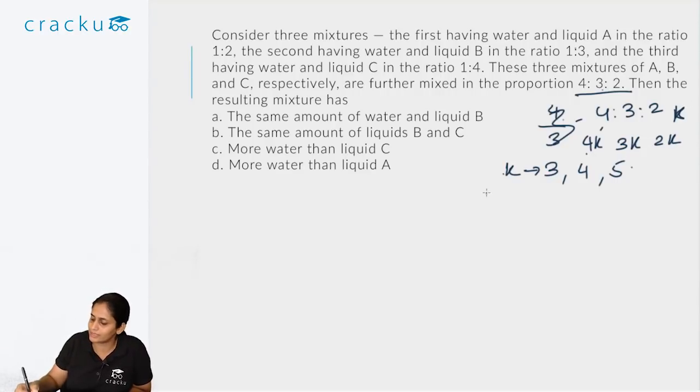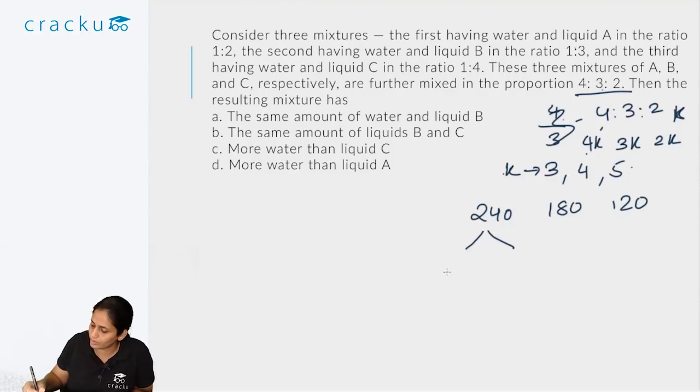So if k is 60, that means that 240 units of the first mixture, 180 units of the second mixture, and 120 units of the third mixture are mixed together. Now the first mixture has water and liquid A in the ratio 1:2. So water is 1/3 of 240, that is 80 units, and 160 units is liquid A. In the second mixture, the ratio of water to liquid B is 1:3.